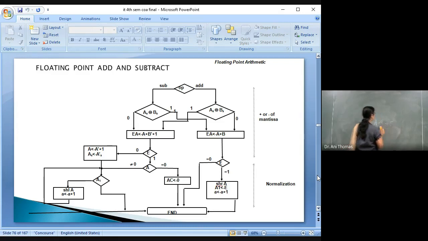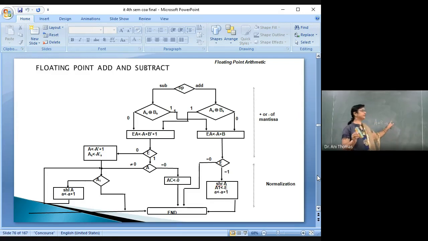But now, what is the case of A minus B? You are doing the subtraction of the magnitudes and you are getting an E. There is an overflow. Then we know, as we have discussed in fixed point algorithms, that if E is 1 in the case of subtraction, then we have to do nothing with the result.